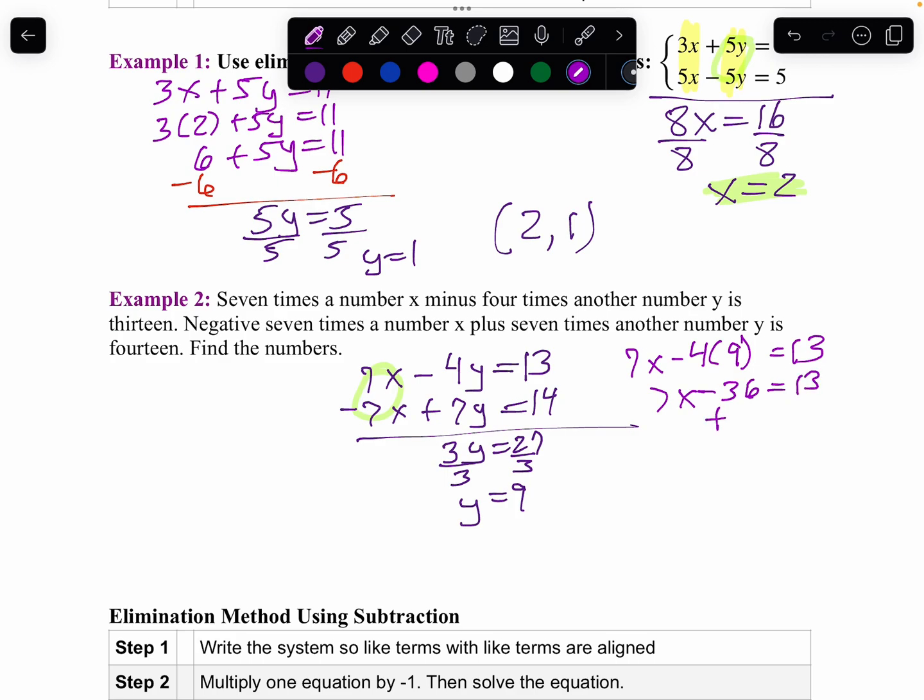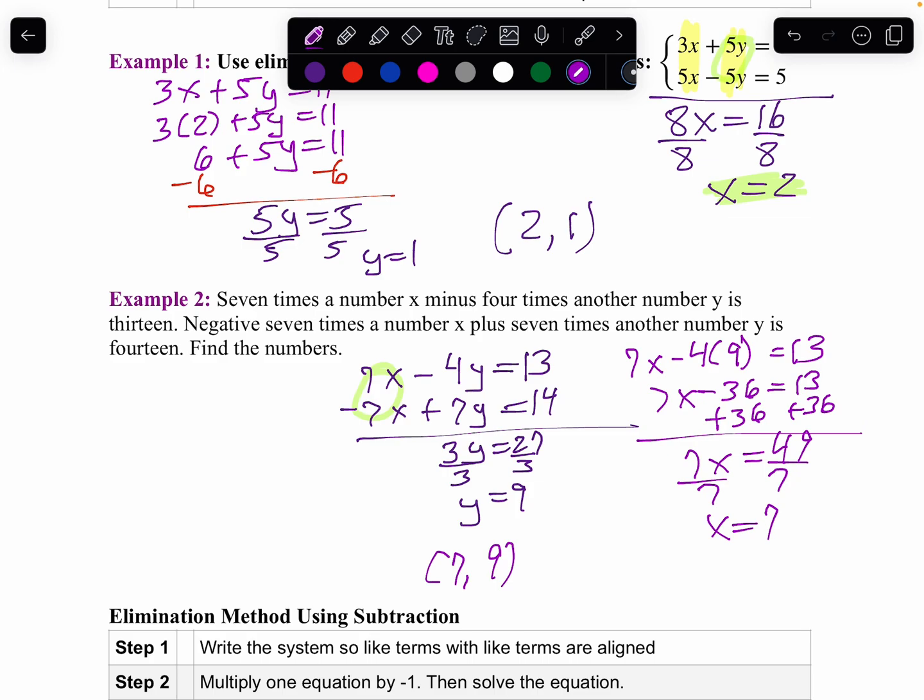We'll add 36 to both sides, and we'll get 7x equals 49. Divide by 7. We have a lot of 7s in this problem, don't we? And x equals 7. So 7 and 9, since we have x and y here. And that's what we do.